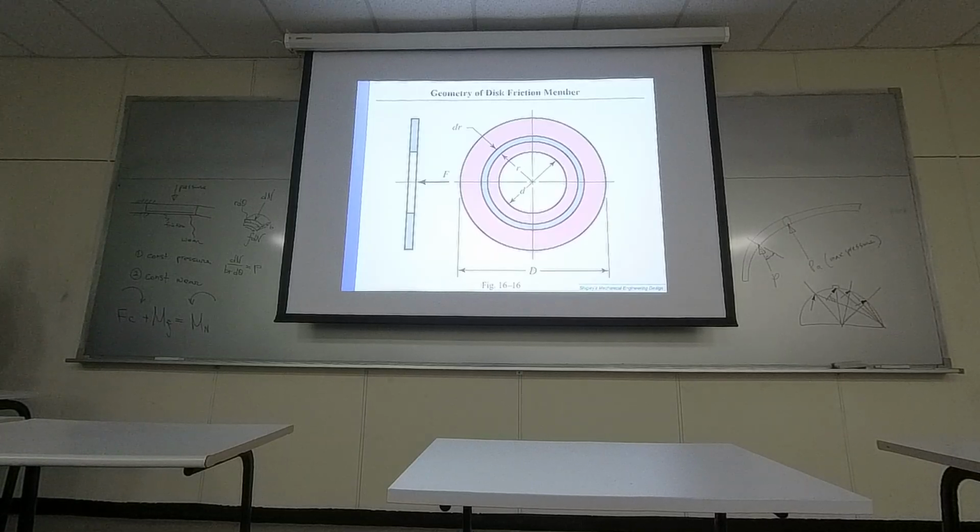Here we focus on a small ring area at radius r with a small increment of r, dr, and try to figure out the torque generated at this gray ring area.